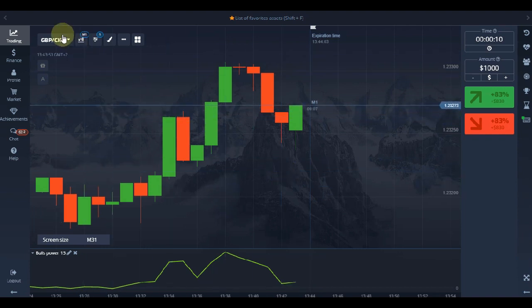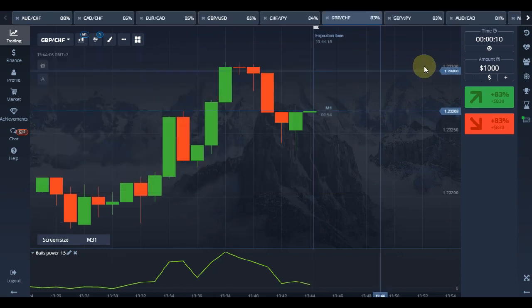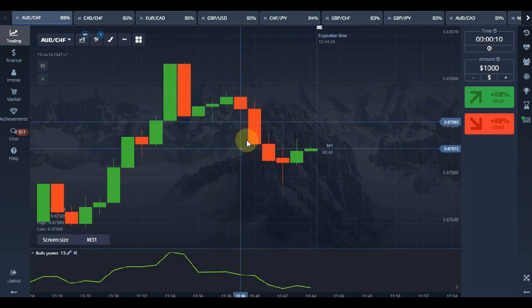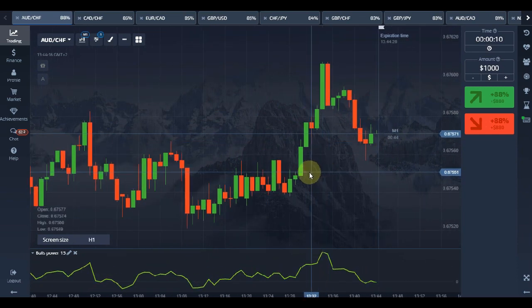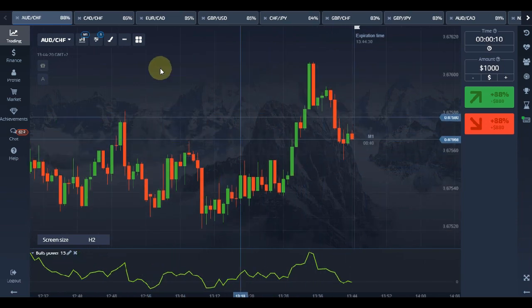So first I am choosing the highest. You have to read the candles and check the market trends.